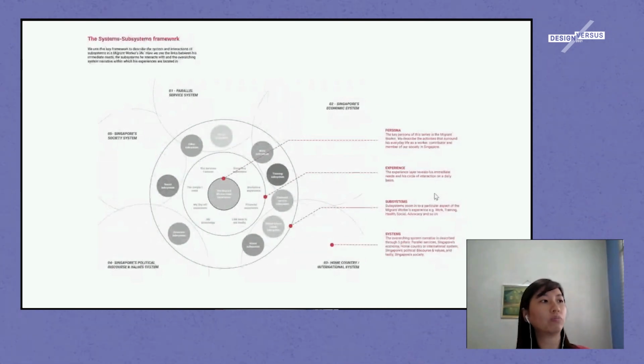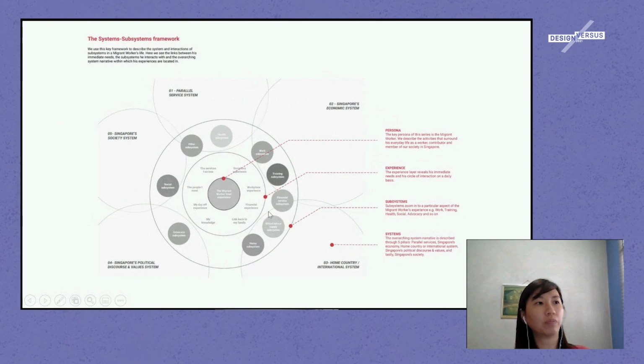So we started with one without any colors, laying everything down, explaining the bigger system, which is the Singapore economic system. So that's the macro system outside. What are the subsystems within the ecosystem? That's the subsystem layer. What is the experience the migrant worker actually experiences? That's in this inner experience layer.